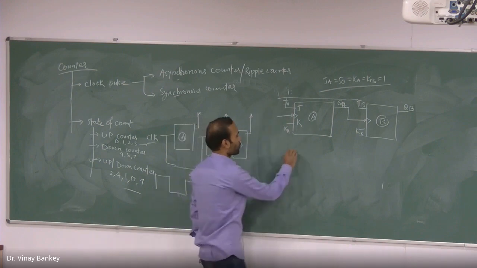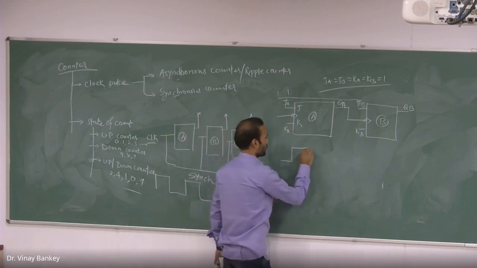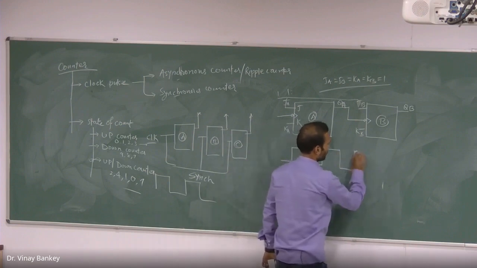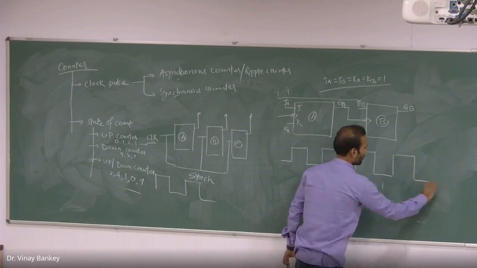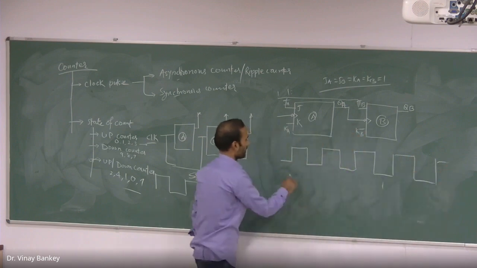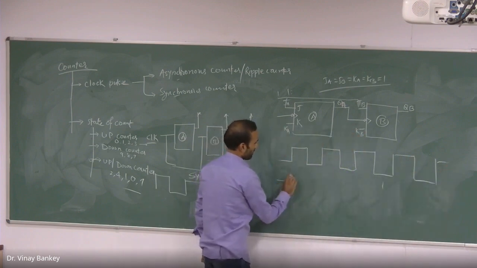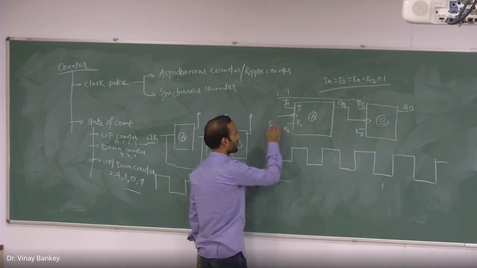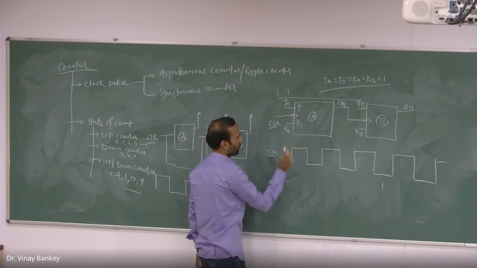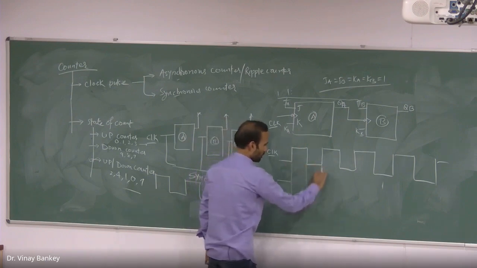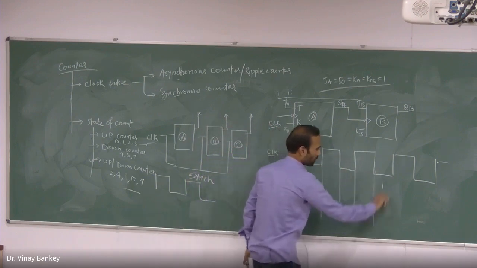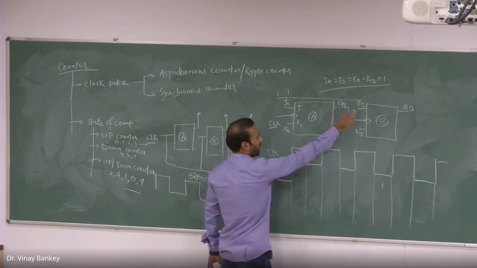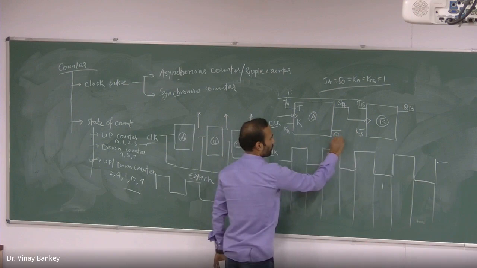Okay, now we'll try to observe what the states are. We have applied one clock pulse. So this is my clock pulse, applied here for the first flip-flop. Now previously QA and QB both were 0, 0.